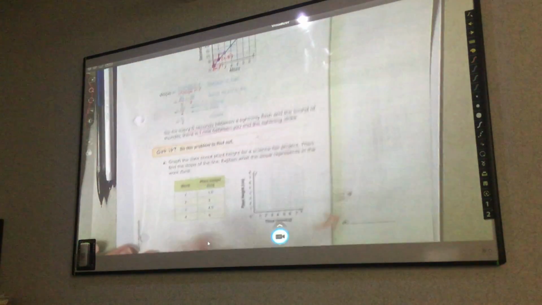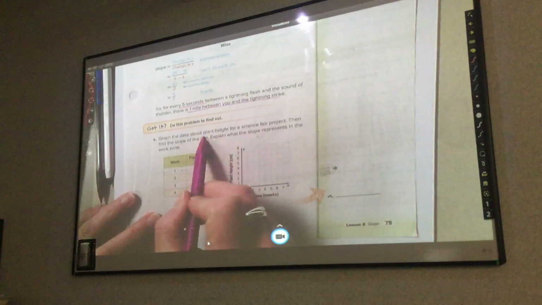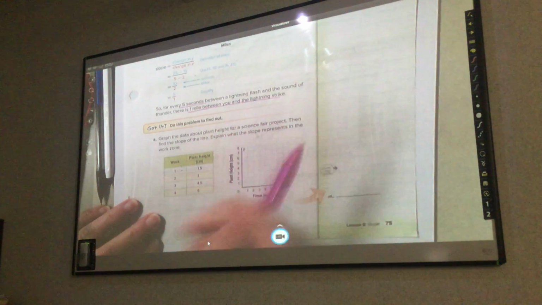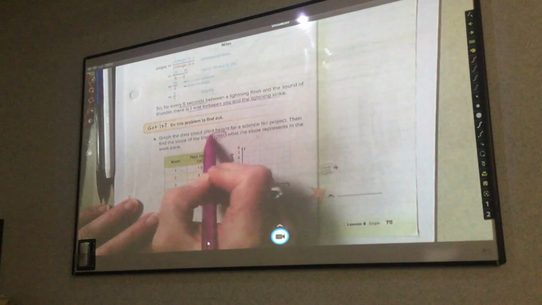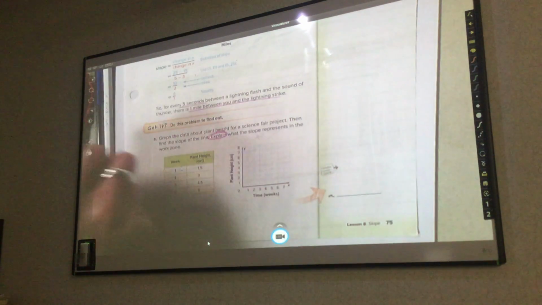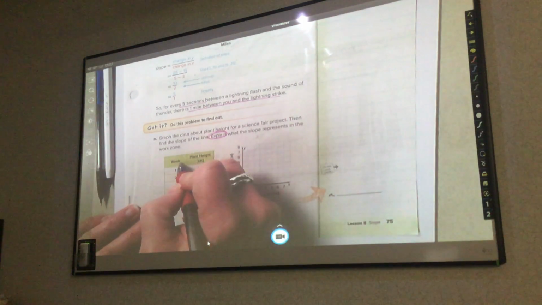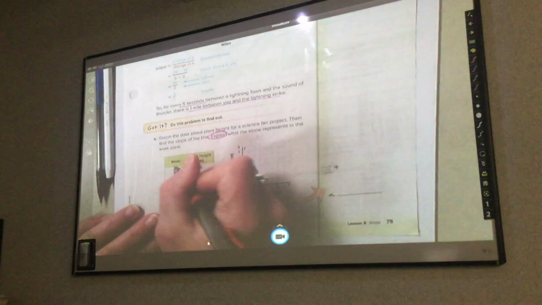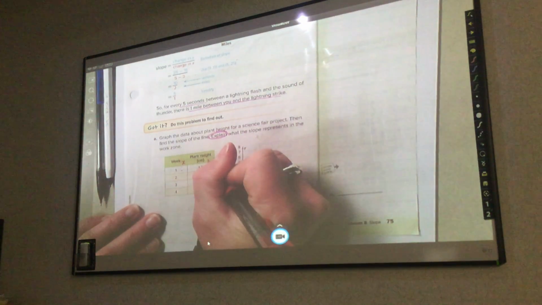Go on. We got it. The next problem says to graph the data about the plant height for a science fair project, then find the slope of the line. Explain what the slope represents. Before I go to graph this, I need to label these, which one's x and which one's y. What's the week? x. What's my y? The plant height.